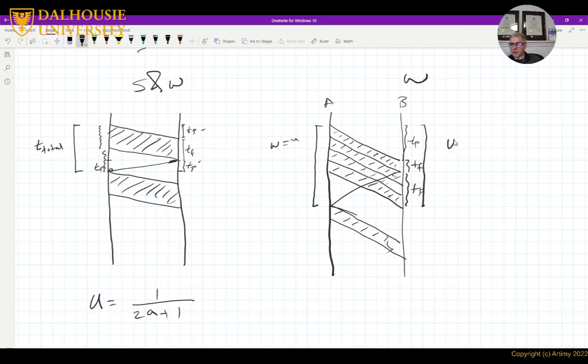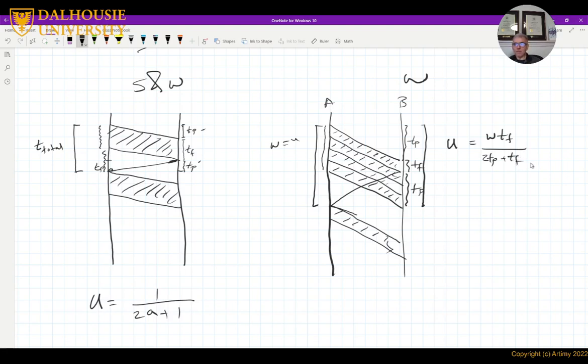So the utilization will be how much time I spent sending frames, which is W multiplied by TF. How much time I waited overall is 2TP plus TF.